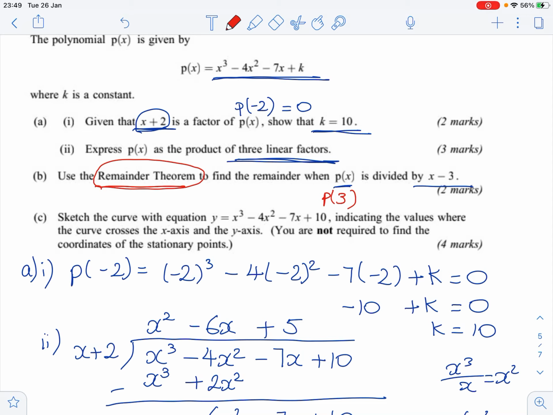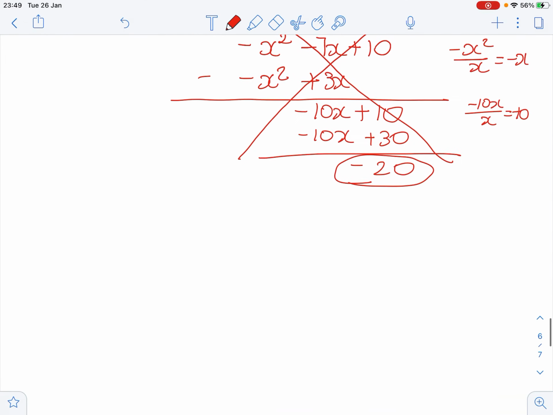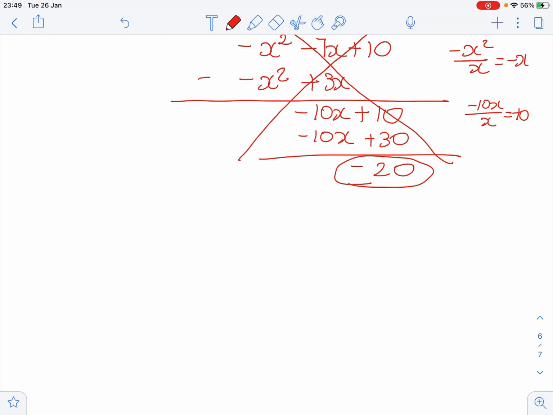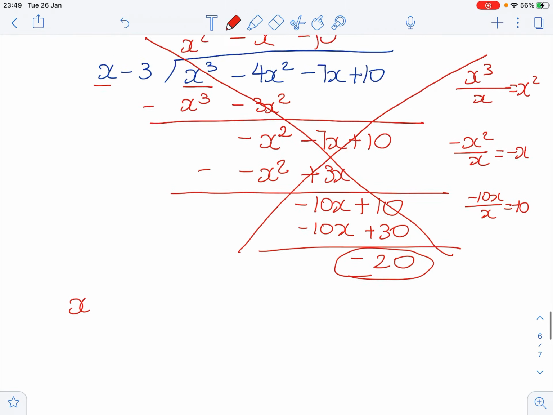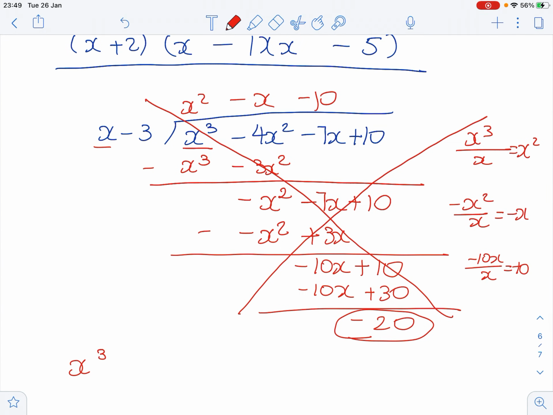So let's have a look at the question. So we have the equation x cubed minus 4x squared minus 7x plus 10.